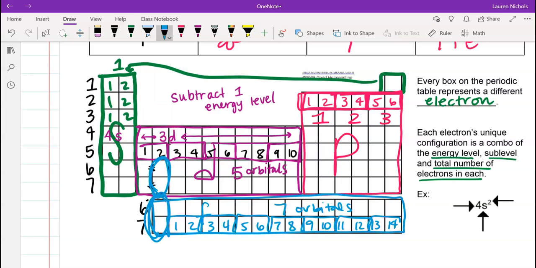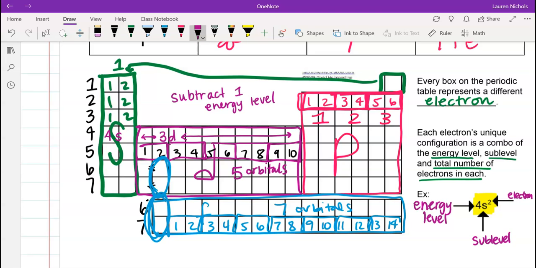And so every electron's unique address, or its electron configuration, is represented by its energy level, the sublevel, and which electron it is. If we look at this example over here in the bottom right corner, we can see that the 4 represents the energy level, the s represents the sublevel, and the 2 represents the electron.